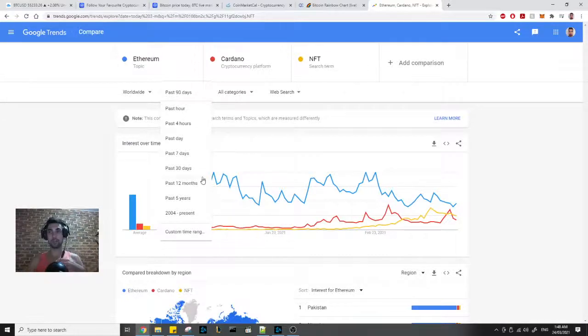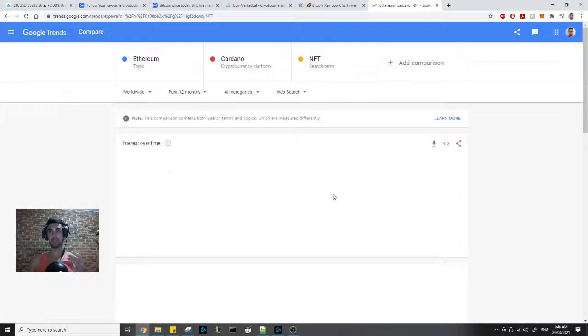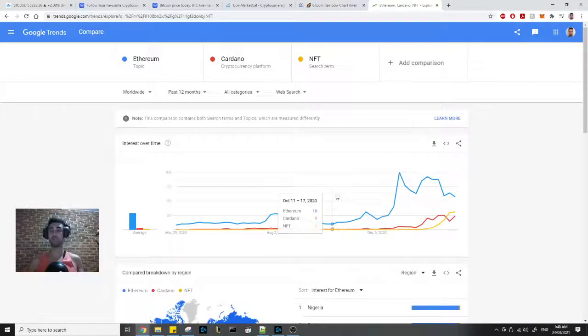So if you go back super far, you will get, I guess, sort of skewed results, because especially during the bear market, no one really cares about a lot of these coins, and that's sort of represented in the price as well. So that's why basically December last year is when prices really started to ramp up, and that sort of mirrors with these interest charts.